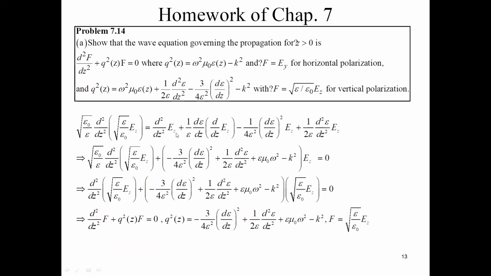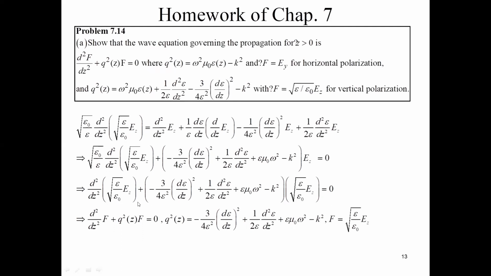So we substitute the result of this equation into our wave equation, then we get this equals 0. And here we can show that if we set the square root of epsilon over epsilon 0 times E_z as big F, the second derivative with respect to z of F is equal to this.